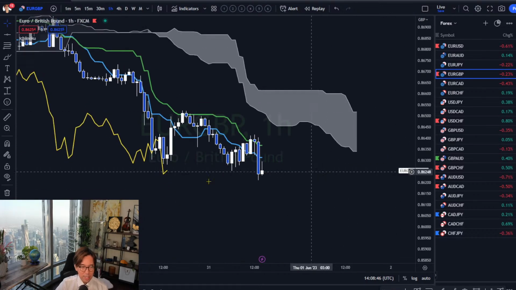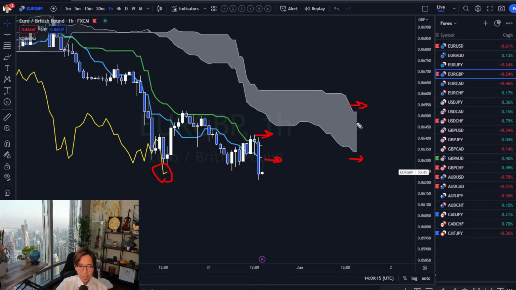As I see on 1 hour, the Kumo is bearish, but if you check the angle of Senkou Span A and B, Senkou Span B is flat, Senkou Span A is also flat. And the angles of Kijun Sen and Tenkan Sen are flat too. Chikou Span is below candles, so that's fine. This is a downtrend, a bearish confirmation.